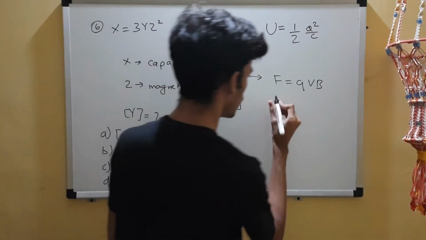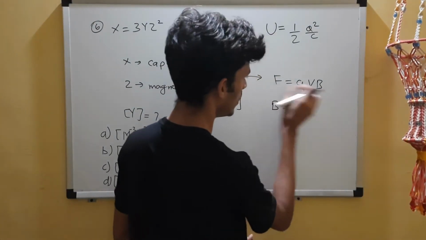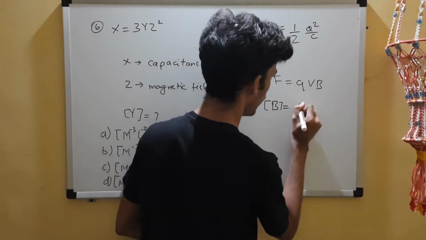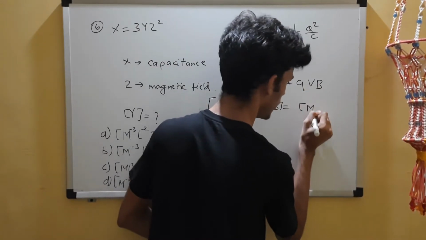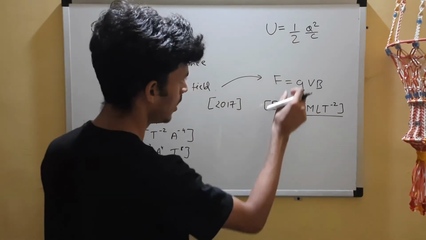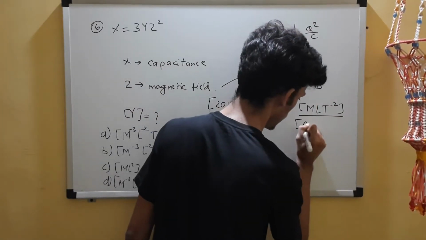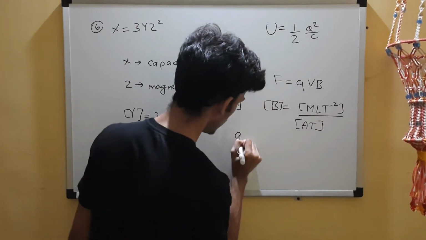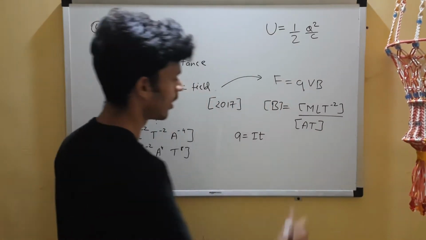That is our job. So let's find the dimensions of B, which is F by qv. F has the dimension M L T to the power minus 2, mass into acceleration. Q has dimensions A T, because charge is electric current into time.